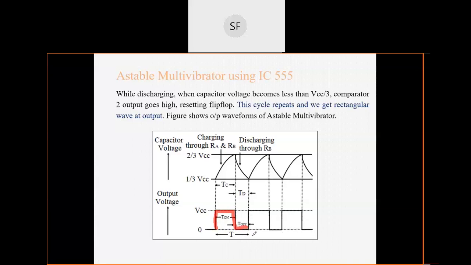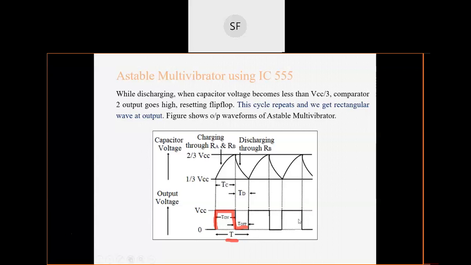So this cycle will repeat itself. So the time taken by this particular wave to repeat again and again is nothing but capital T. It is also called the time period. So the time period is nothing but the addition of T on and T off. Okay.